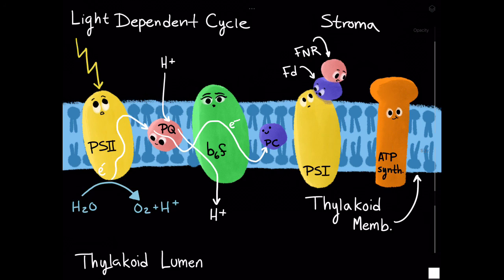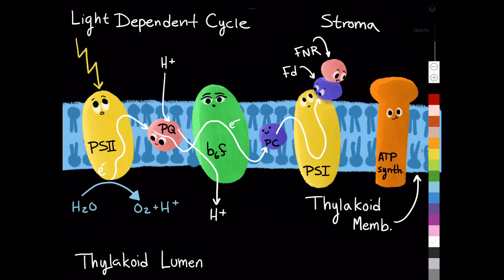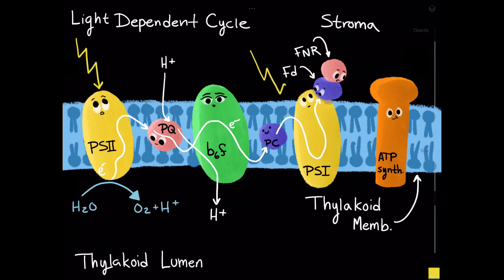Remember, each subsequent protein is going to be a little more electronegative. And finally, they're going to end up on photosystem 1. And photosystem 1 can also use light energy, but it's not going to use it for as explicit of a process as breaking down water.